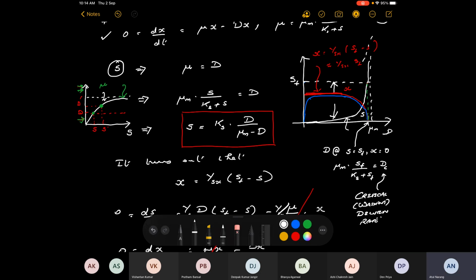The blue graph shows X coming down rapidly at low D. That rapid decline will be predicted by this modified model, and the decline of X at low D takes place because at low D, maintenance becomes much larger than growth, which means you are using up more substrate to produce no biomass as opposed to using the substrate to produce biomass. Is that part clear?